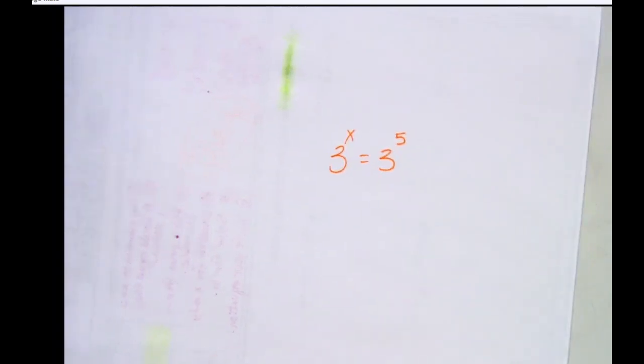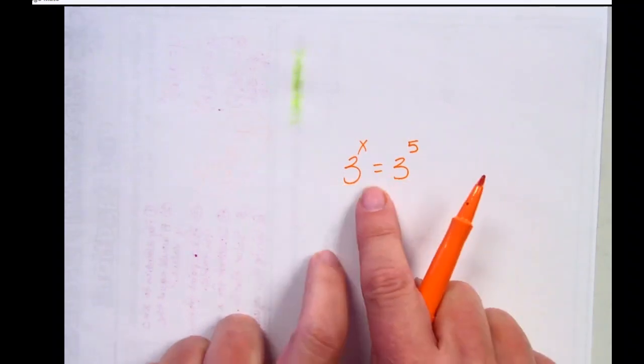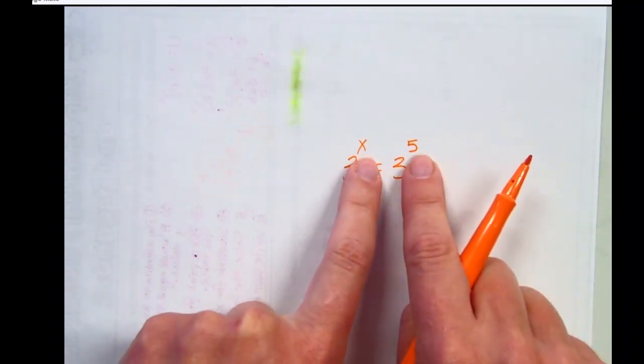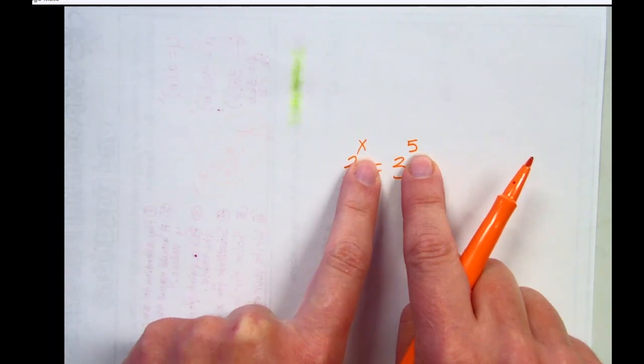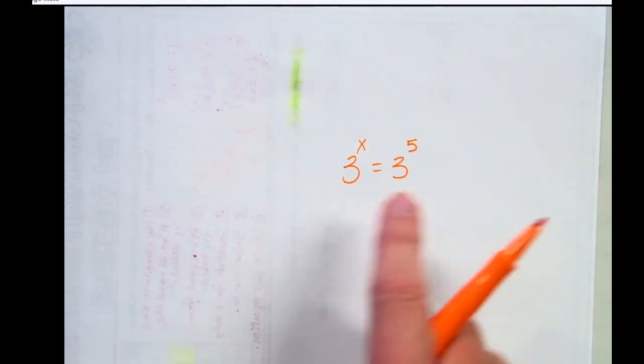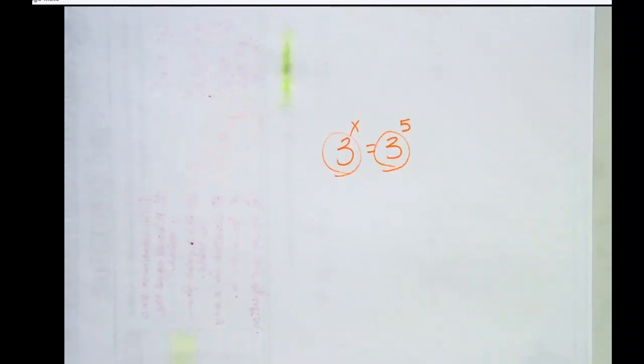Five, right? If my 3's are equal, and we've got that equals thing, my exponents have to be equal. They have to be the same, right? That is what your equations are going to be based on today. We're going to find like bases, and then the exponents are equal to each other. We might have to do a little work and solve, but we can do it.